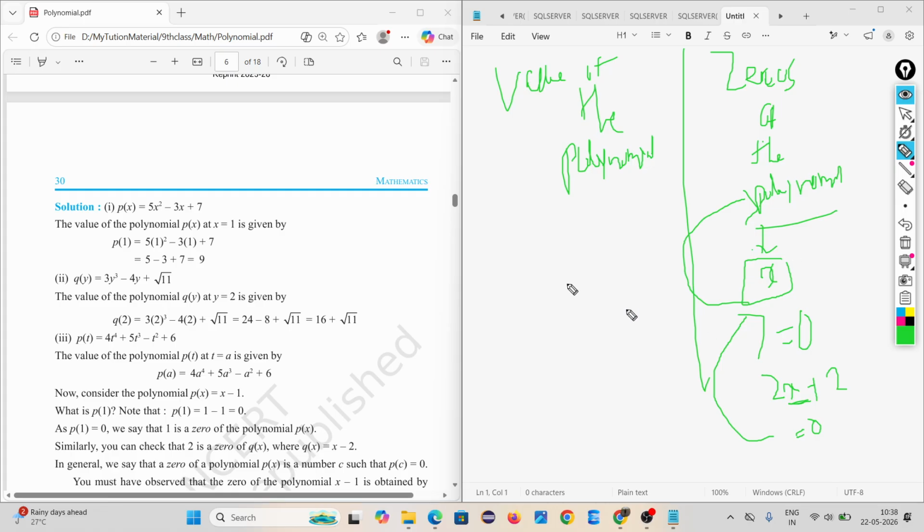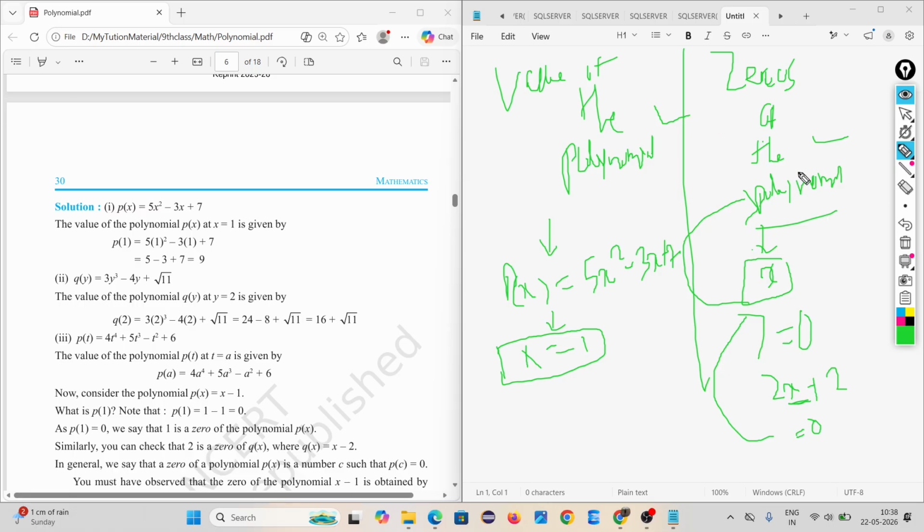But what do you mean by value of the polynomial? Look, there is an example: p of x equals 5x square minus 3x plus 7. They will give you one polynomial and tell you, suppose x equal to 1, find the value. Remember, zero of the polynomial is different, value of the polynomial is different.